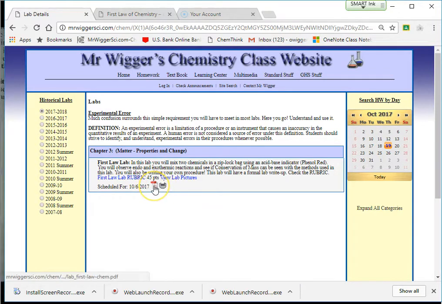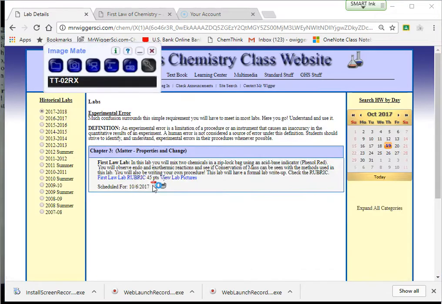If you use the PDF version, that isn't going to work for the table. You can't copy the table. It just doesn't work. I found that out when I was trying to demonstrate it to first period and forgot about that problem. So I was reminded very graphically, and this is the one to use. And then the first law lab rubric, that of course is those first 2 pages that you're copying. And that's it. That's what you need from this page. And then everything is going to be good.